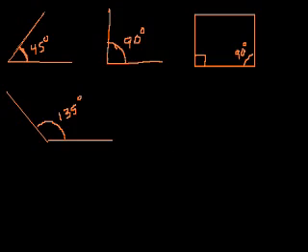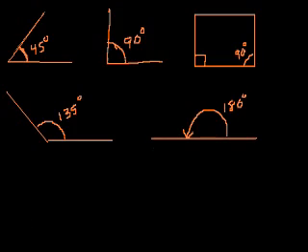And if you had it so wide that the two lines are almost forming a line, then this becomes 180 degrees. It's almost like one line. And then you could keep going. If this angle here is 135 degrees, you can also measure this angle right here. Let me do it in a different color.